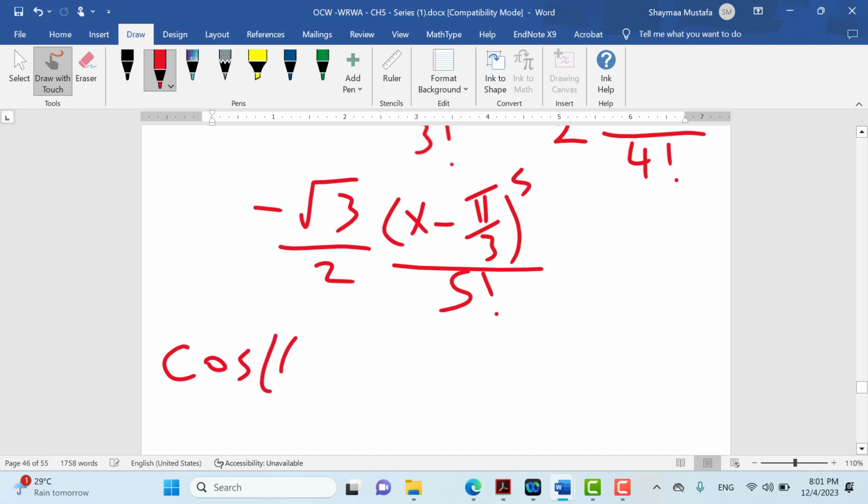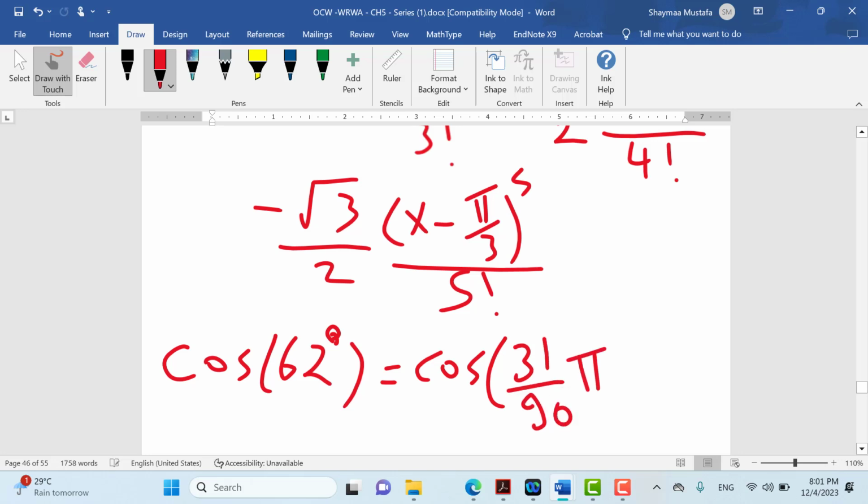So cos 62 degrees, which is equal to cos of 62 degrees, and I think 31 over 90 pi. So you need to substitute x.